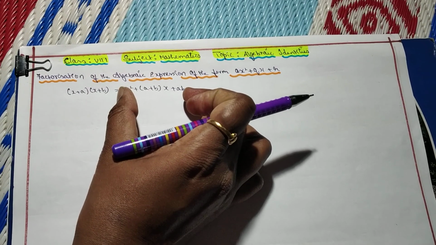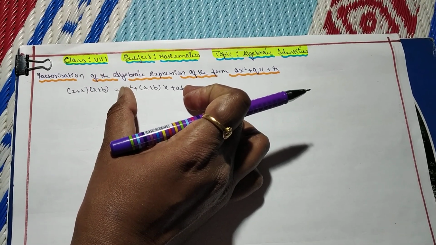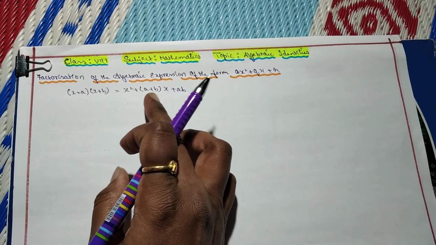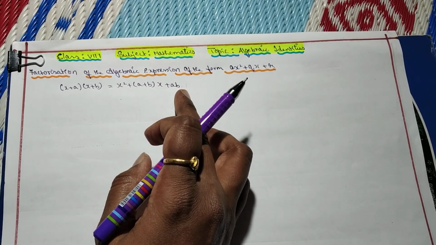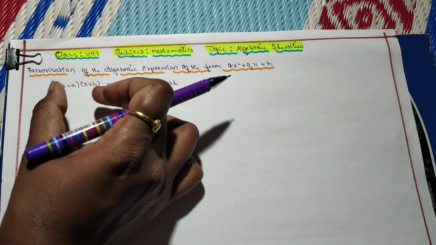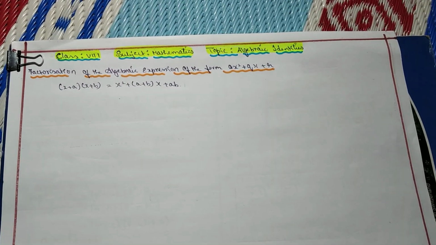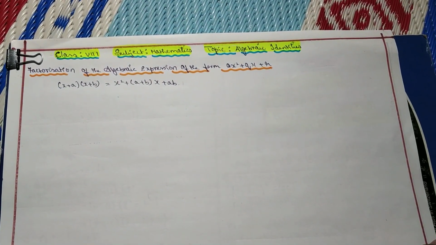The given expression will be of this form, x square plus (a plus b) into x plus ab, and we have to bring the factors in the form of (x plus a) into (x plus b).